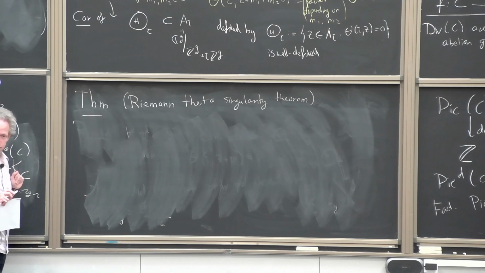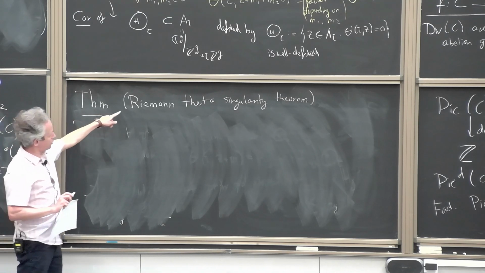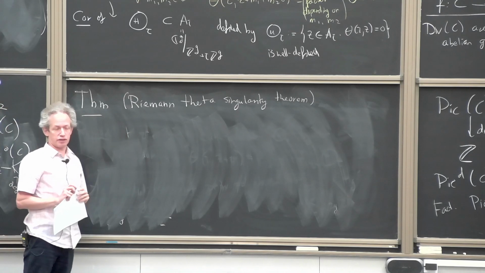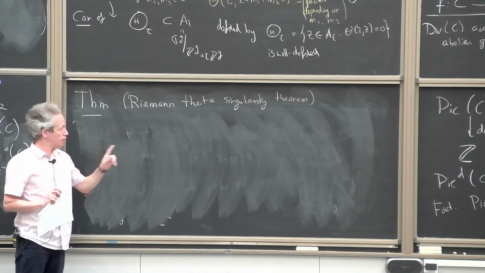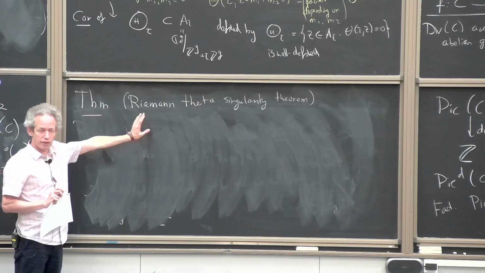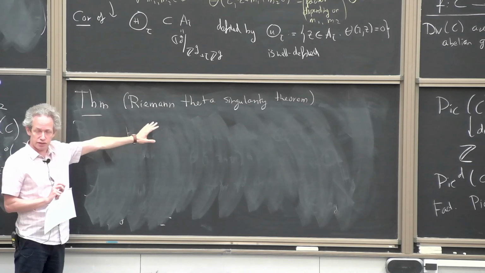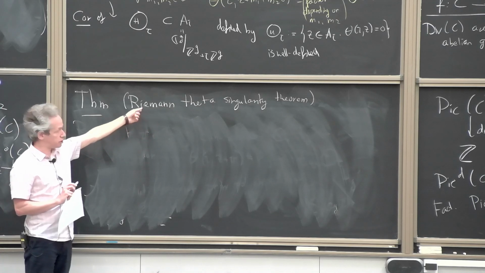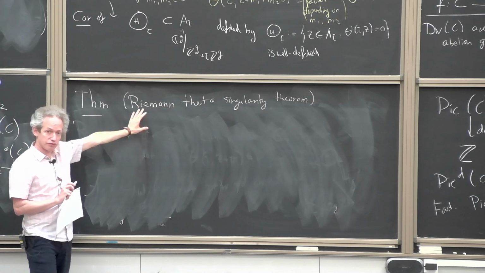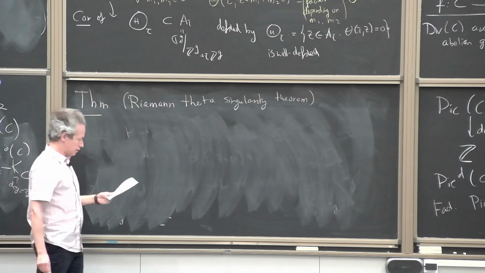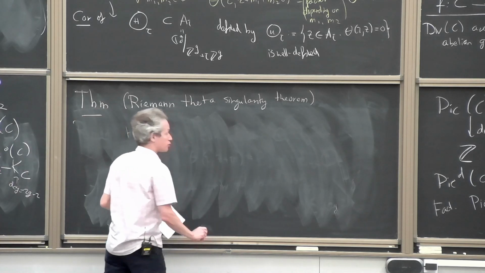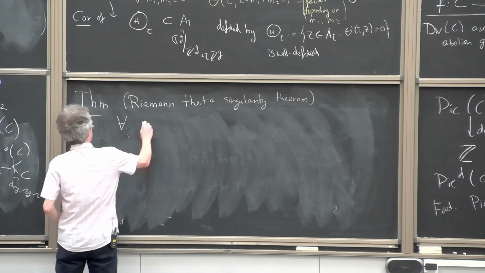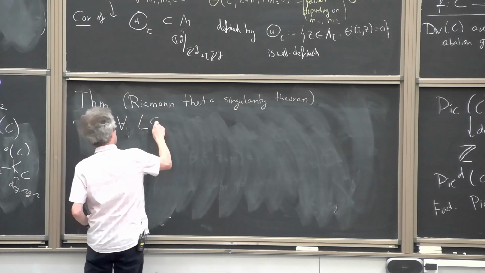This is a theorem that describes geometrically better what the theta divisor of a Riemann surface looks like. There is no analog of this for a general abelian variety. There are many, many questions about theta divisors of general or somewhat general abelian varieties that are not approachable because there is no analog of this statement. So this is very, very special to Jacobians. The statement I'll write very quickly, and then we'll spend some time parsing it. It says the following. It says for any L, I'll write L because I'm thinking of this as a line bundle.